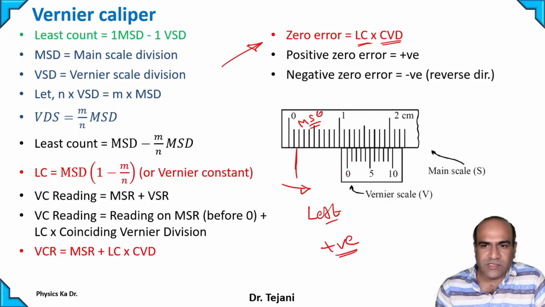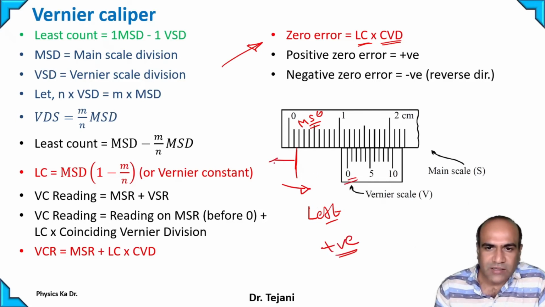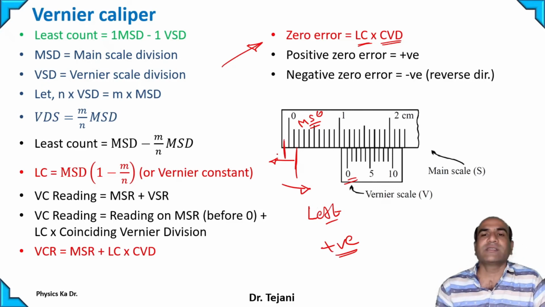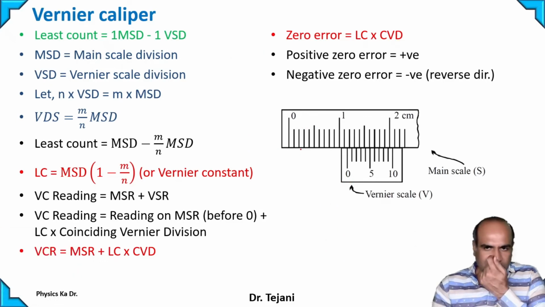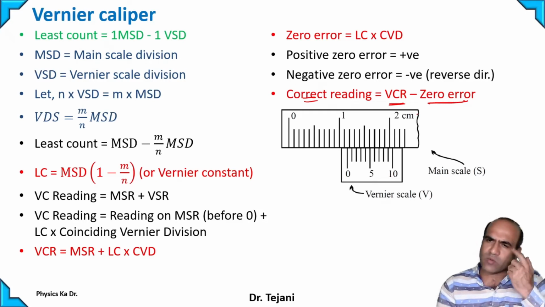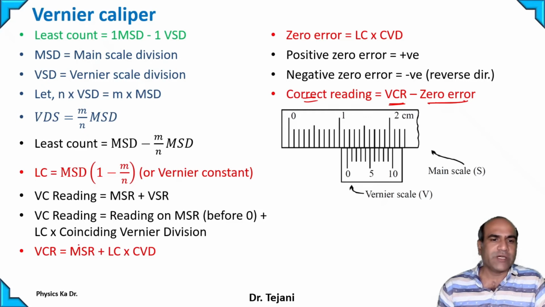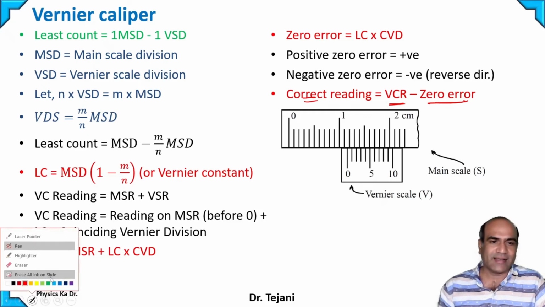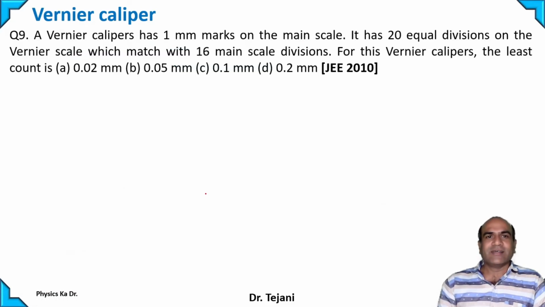And if this zero is to the right of the main scale zero, it becomes a negative error. Finally, to get the correct reading, whatever we read from the Vernier, just subtract the zero error. If it is negative, it automatically becomes positive. If it is a positive error, it is automatically deducted. So no need to change anything. So let's solve.